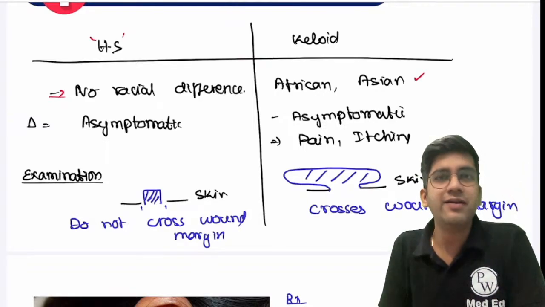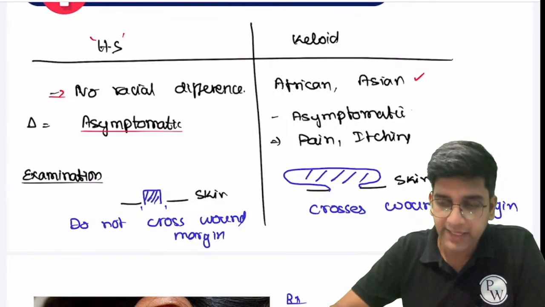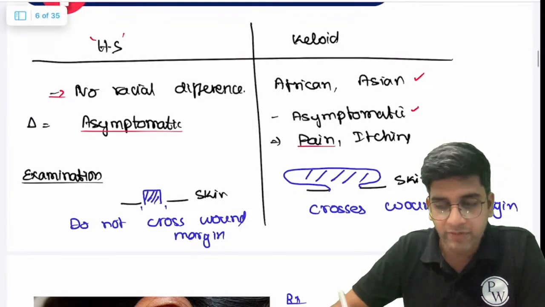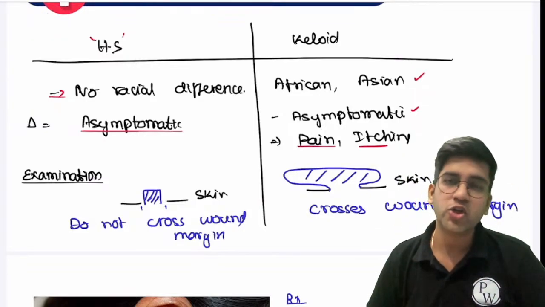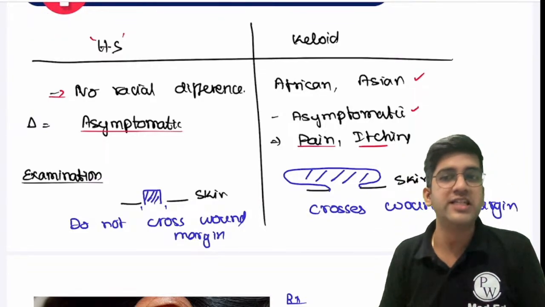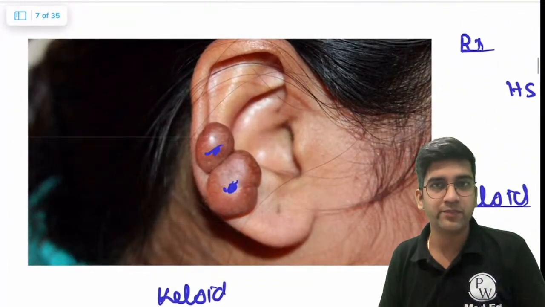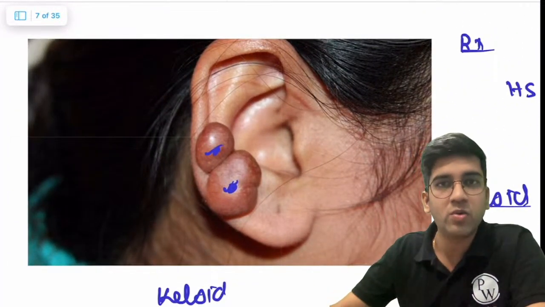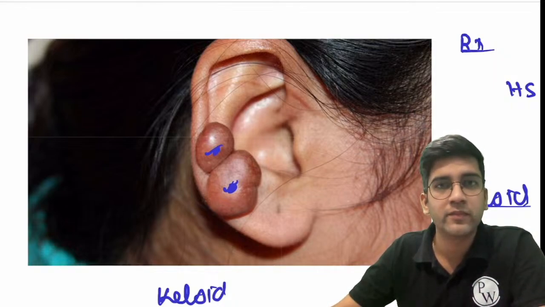Generally, hypertrophied scar is almost always asymptomatic. Keloid can be asymptomatic, or I can have pain or itching in the scar. The biggest problem of these two is they are cosmetic defects. They don't cause any symptom. I'll show you an image. This is keloid. What do you think is the trauma here? What is the injury here?